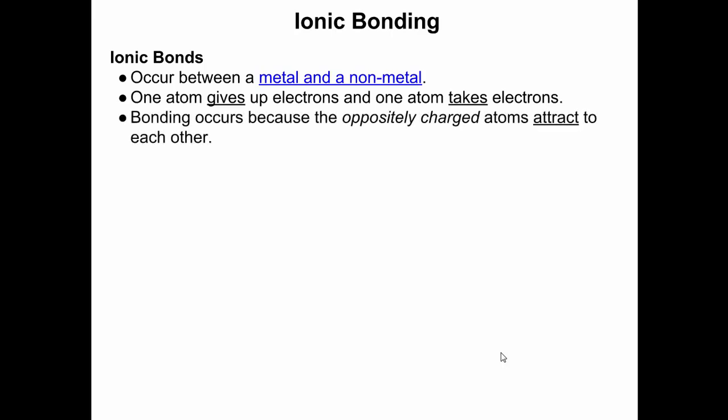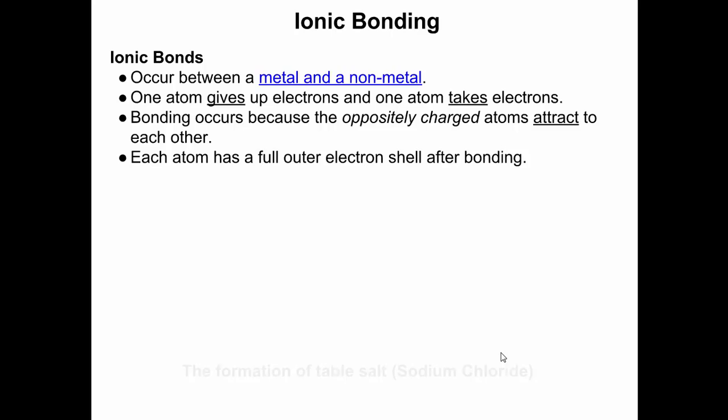Bonding occurs because the oppositely charged atoms attract to each other. Okay? So the opposites attract, and one atom gives off an electron or more, and the other atom takes those electrons. And then again, each atom has a full outer electron shell after bonding.